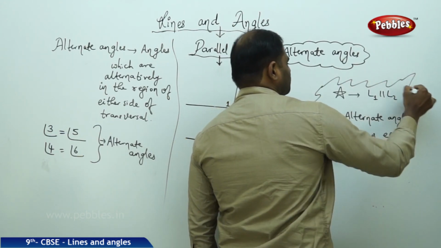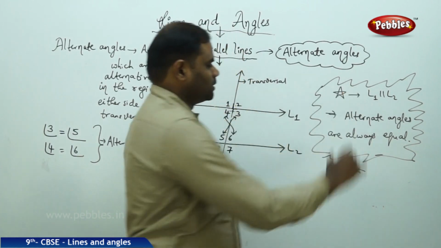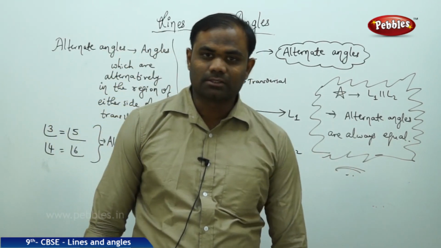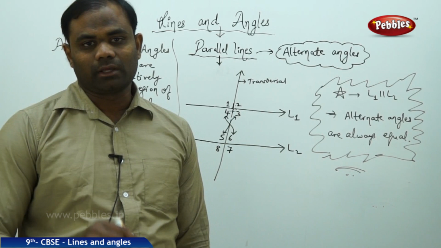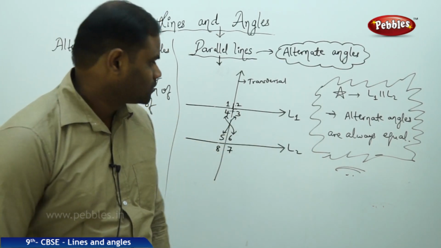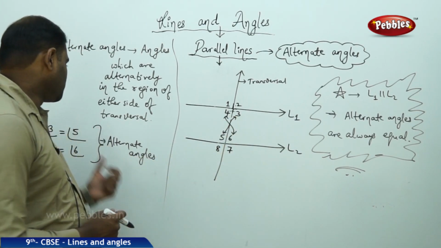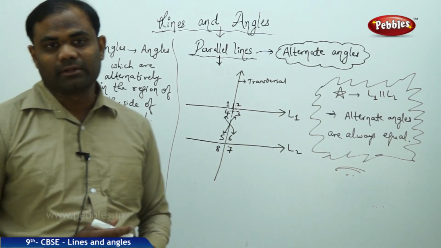That is how we have the property which says alternate angles are always equal in case of two lines L1 parallel to L2. Alternate angles 3 and 5, 4 and 6 in the pair are equal in parallel lines.